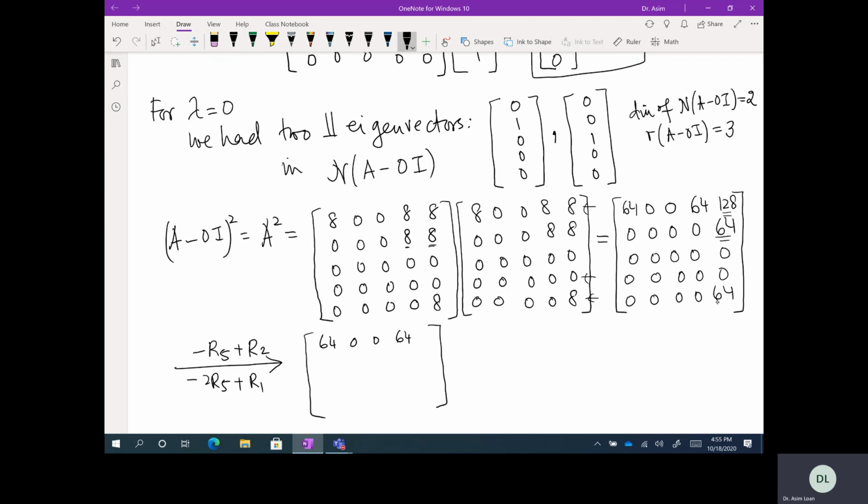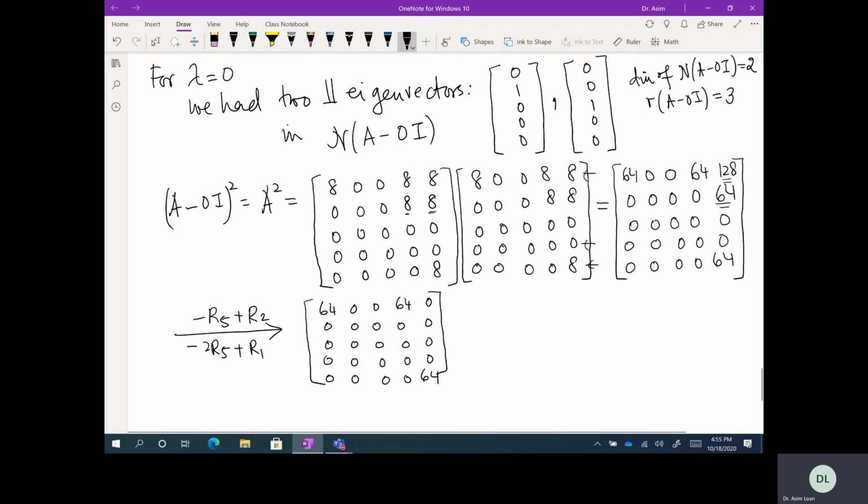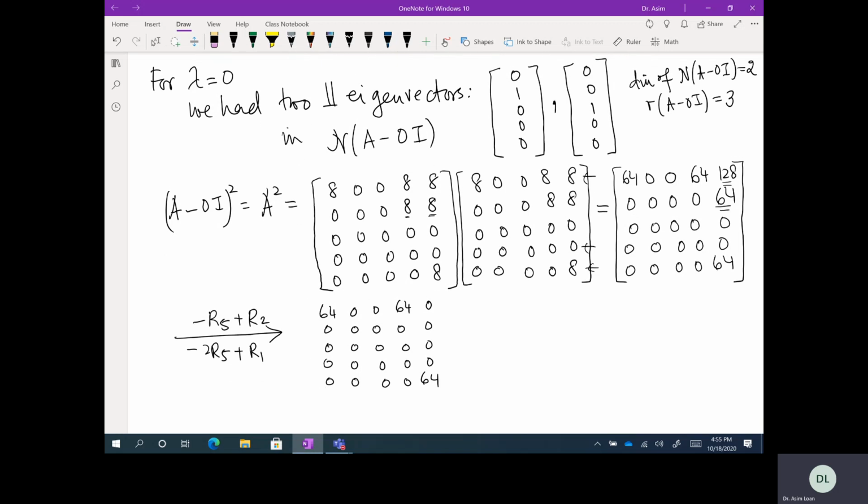This will be minus 128 plus 128, 0. This will be 0, 0, 0, 0, 0. Why? Because minus 64 plus 64, everything else is 0 here, 0 here, and then 0, 0, 0, 0, 64. What I can do is, let me draw a larger square bracket.